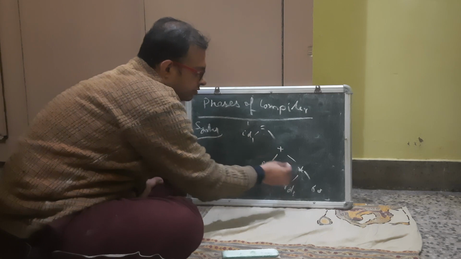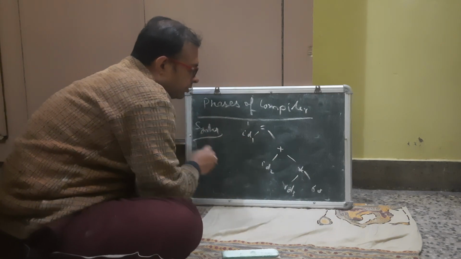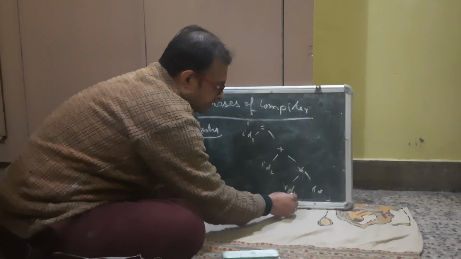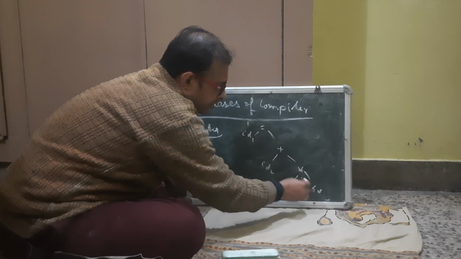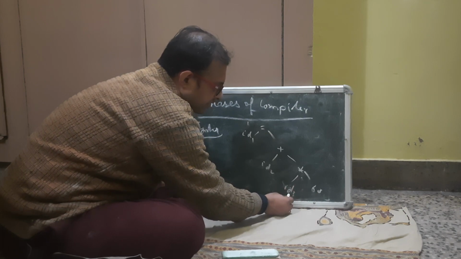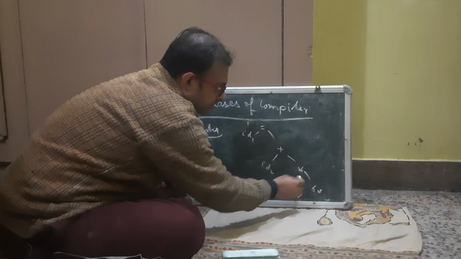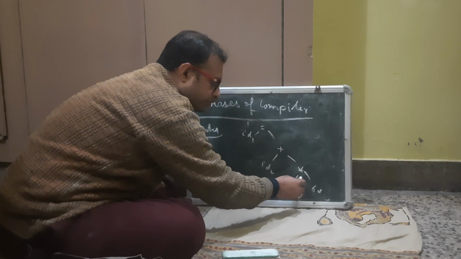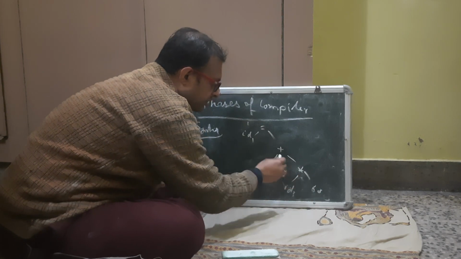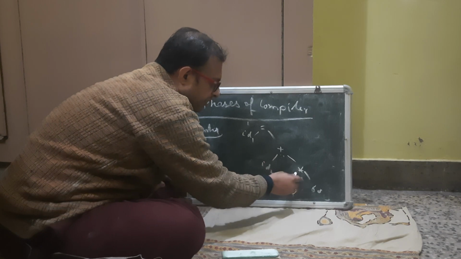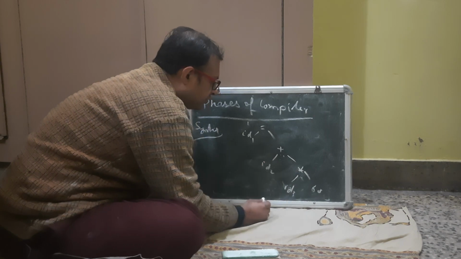The internal nodes are the operators, with equal to at the root. For example, the first operation that is carried out is rate into 60. Rate is an identifier and 60 is a constant. Rate into 60 is the first operation that is carried out. Then we carry out initial plus the result of rate into 60.